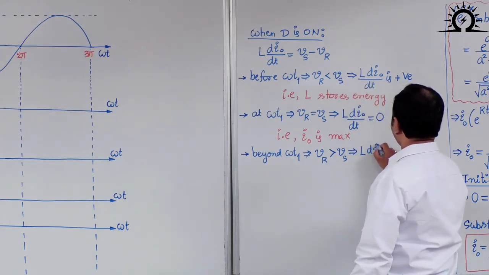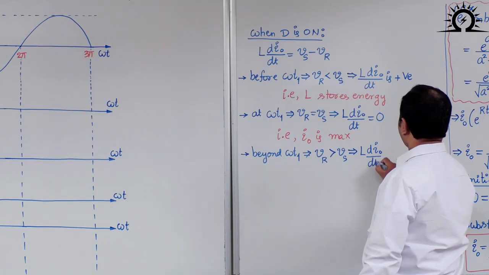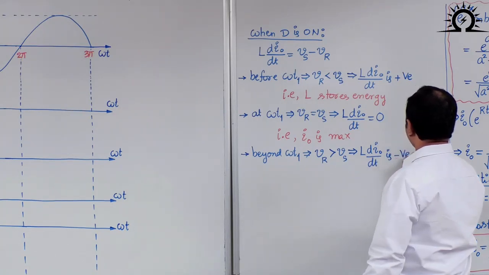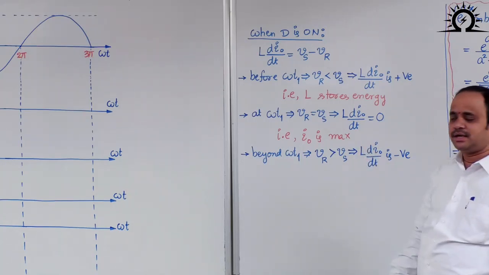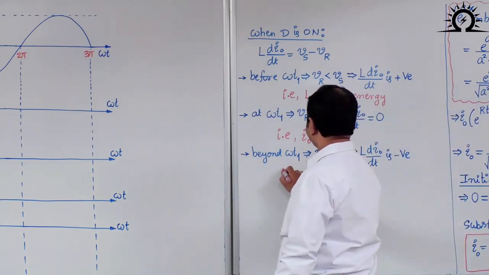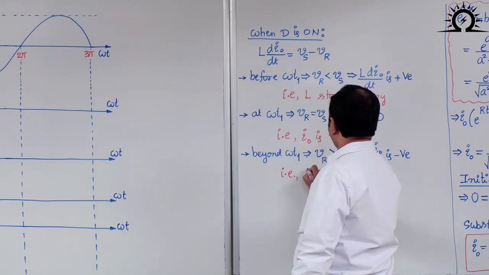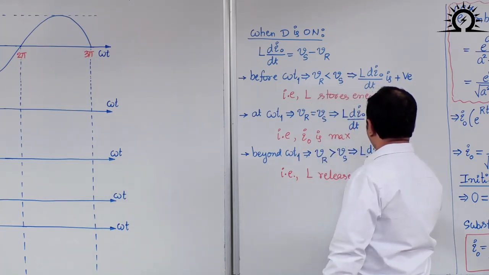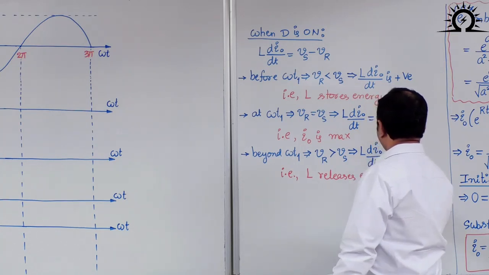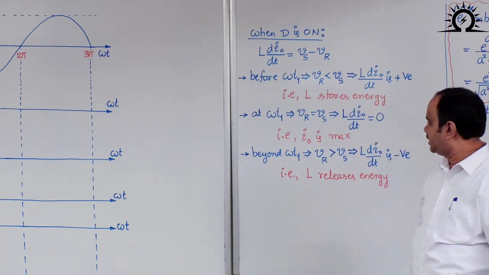L into di naught by dt is negative. That is, the inductor releases energy.